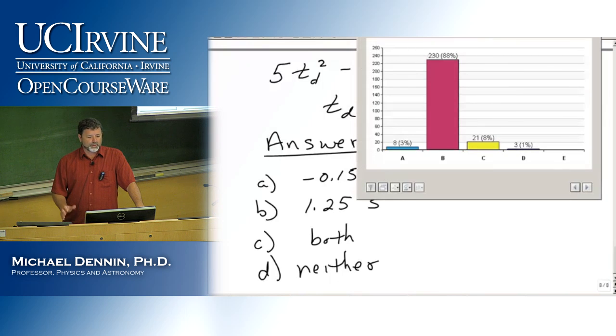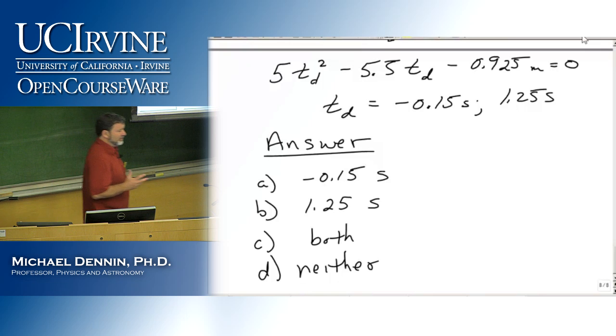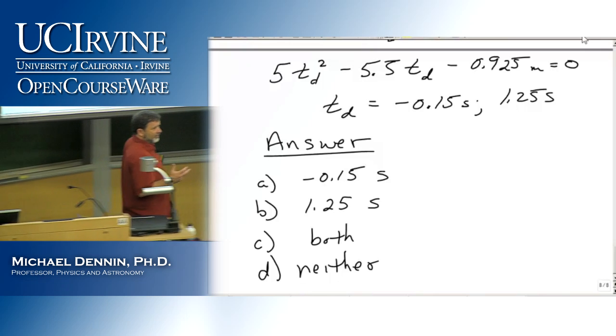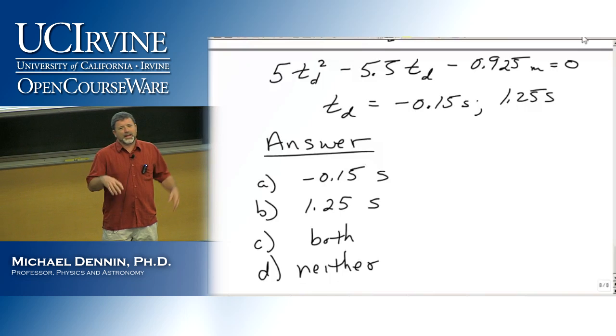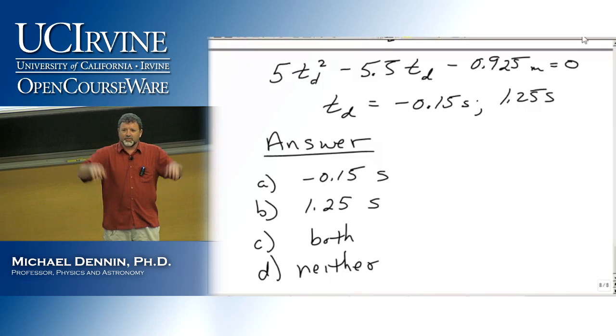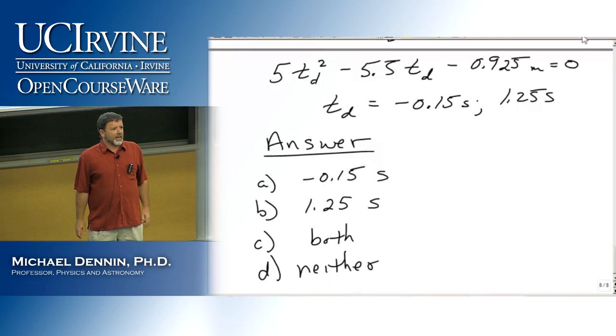Excellent. Why do we know it's 1.25 seconds? What did the question ask? Did we forget already? See, that's what happens. You do the whole long problem, you forget what the question asked. How long do you have to delay your jump? How long do I have to delay my jump?